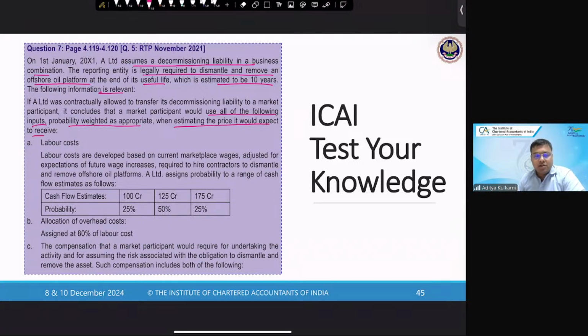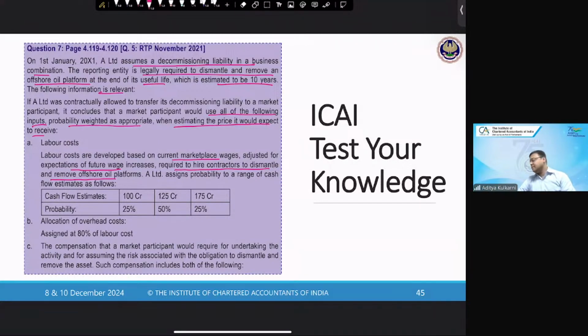Labor cost: obviously you need labor to dismantle it. These are developed based on current marketplace wages, adjusted for expectation of future wage increases, required to hire contractors to dismantle and remove offshore oil platforms.